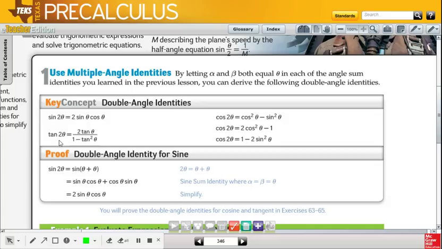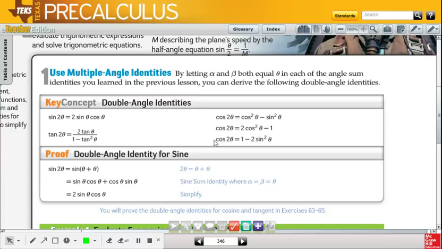The second one, tangent of 2 theta is equal to 2 times tangent theta over 1 minus tangent squared theta.